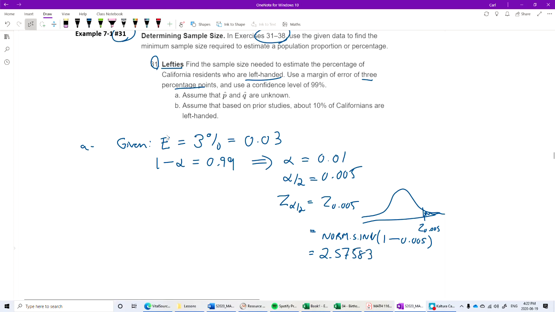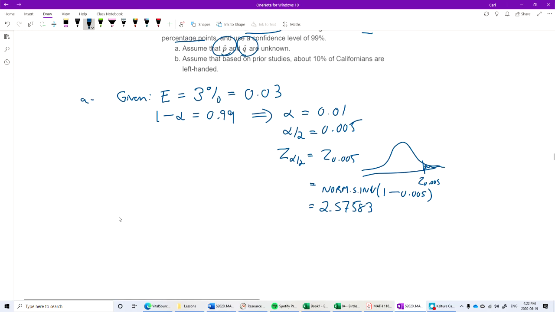So now in part A, we're saying assume that p hat and q hat are unknown. So in that case, we're going to use the safe estimate. So we're going to use n equals the critical z squared over 4e squared.